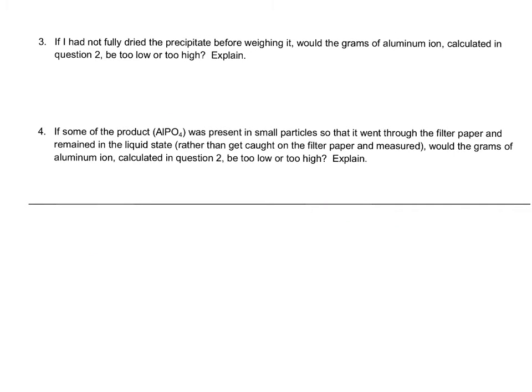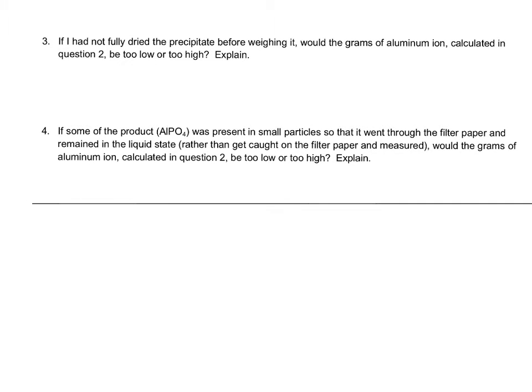Okay, so these are the error problems that I mentioned in class, and with the error problems, you want to be really careful how you explain things, because you have to be very specific or people could read your answer as totally the opposite way. But if I had not fully dried the precipitate, so I've got my filter paper, and on my filter paper I have the aluminum phosphate, but I also have a little bit of water.